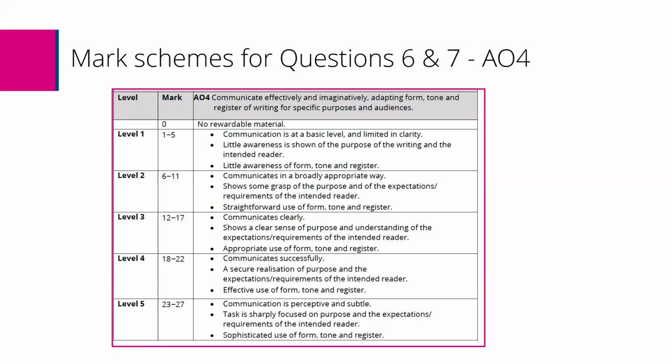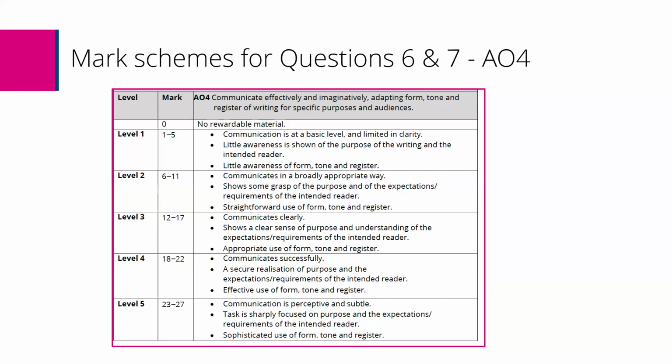Then in terms of purpose, the second bullet point: little awareness in level 1, some grasp in level 2, clear sense in level 3, meeting the expectations of the reader, secure realization in level 4, and sharply focused and meeting the expectations of the intended reader in level 5.